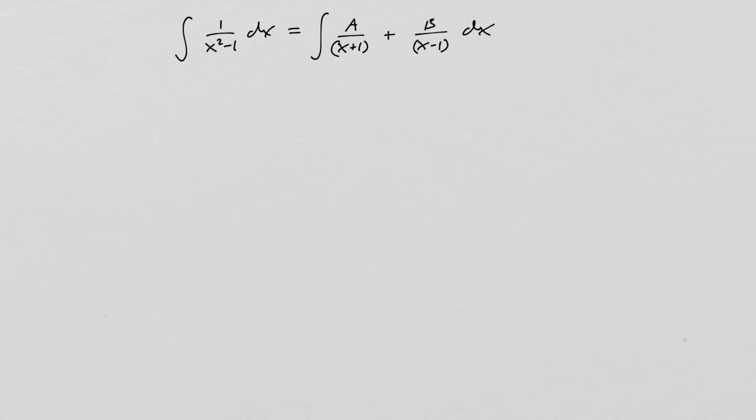These are the identical integral. We've just broken up our expression algebraically into two smaller expressions. And now we found those values. So a is -1/2, so we have -1/2 over x plus 1 plus a positive 1/2 over x minus 1 dx. So now what I'll do is bring the -1/2 out front there.